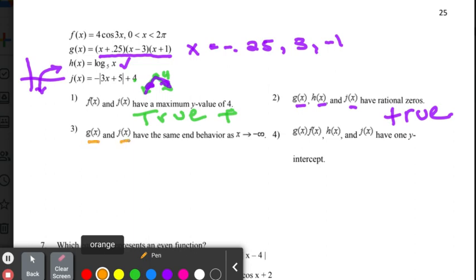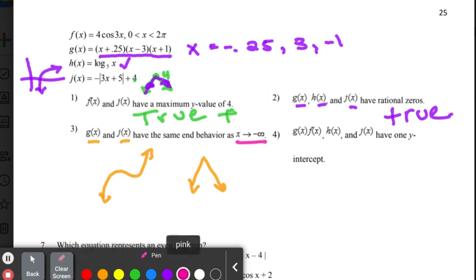G of x and j of x have the same end behavior. So let's see. G of x, that is a cubic. So it would look something like that. So that's g of x. J of x is that absolute value. So as x goes to negative infinity, that arrow points down and that arrow points down.